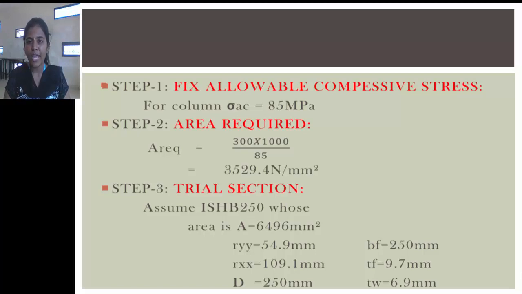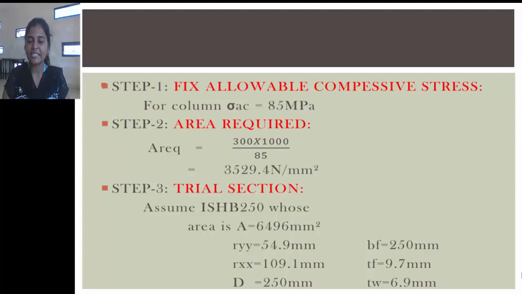Since it is a column, we have to fix a value that is greater than 85 and should be less than 110 megapascal. So we are taking it as 85 megapascal. Step 2 is finding the area required. Area required is P by sigma AC. P is 300 kilonewton, that is given, and sigma AC is 85 megapascal, which we have assumed. From that we can find the area required.